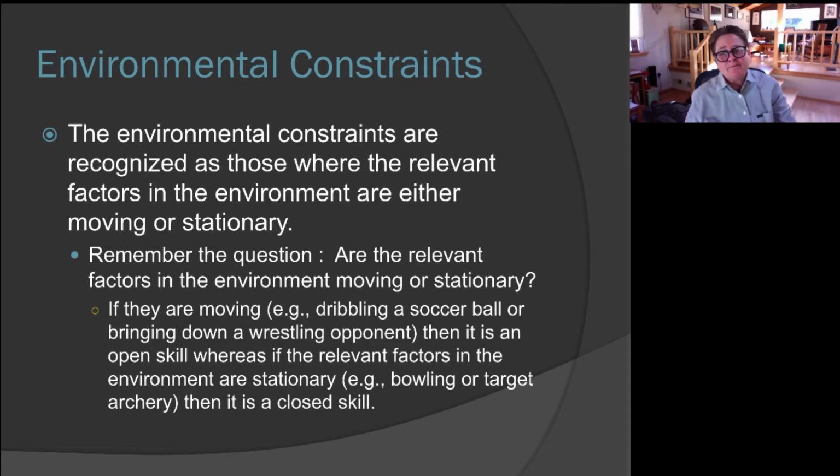In other words, it might fall over, right? Or in wet circumstances, certainly there are mechanical constraints that you have to consider as an athlete or a performer. But we're going to leave those out of our analysis right now because they just complicate the question. So what I want to do is isolate the question on whether the relevant factors in the environment are stationary or moving.